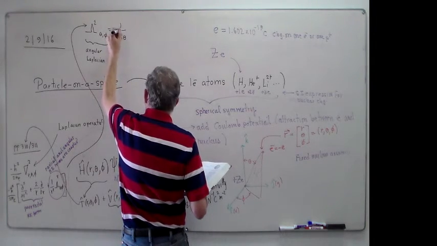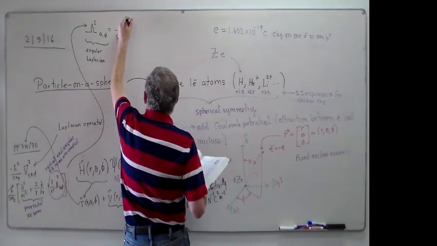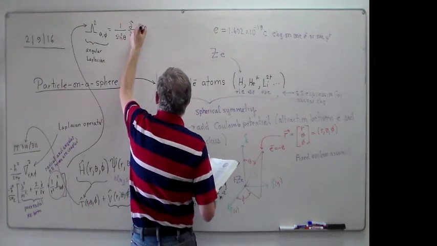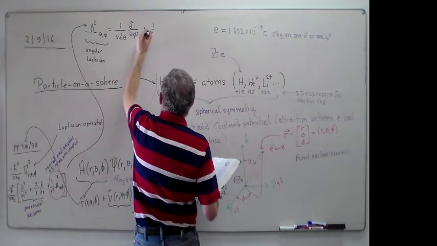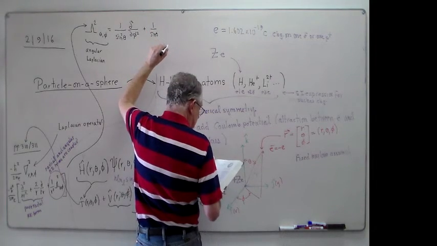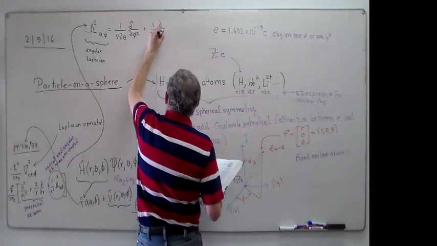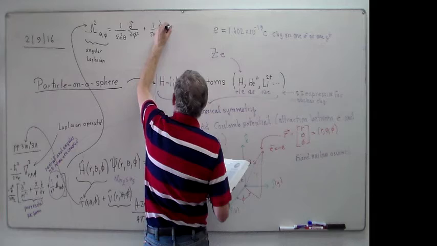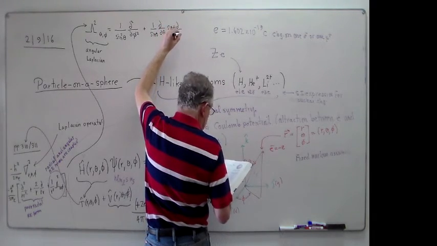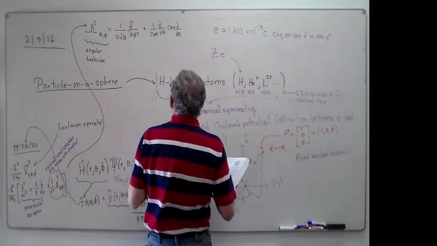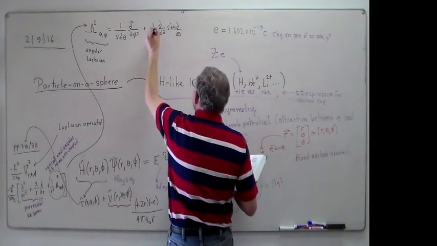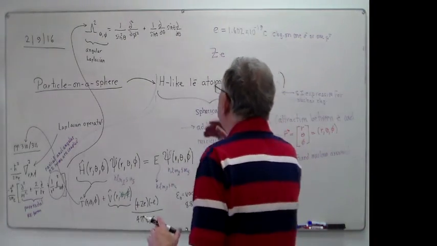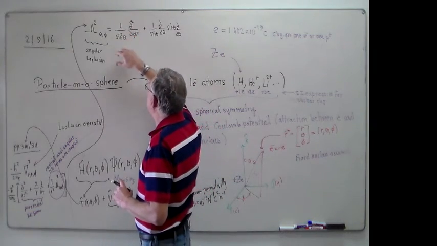1 over the sine squared of theta, second derivative with respect to phi, plus 1 over the sine of theta, d d theta, sine of theta, d d theta. Okay, so notice we have 2 types of angular kinetic energy.